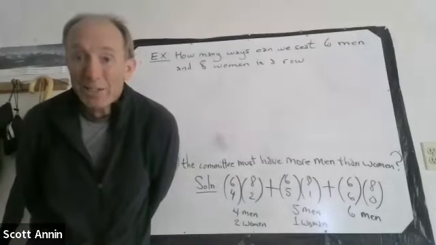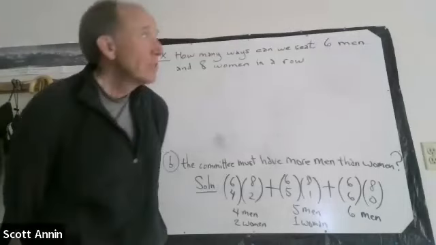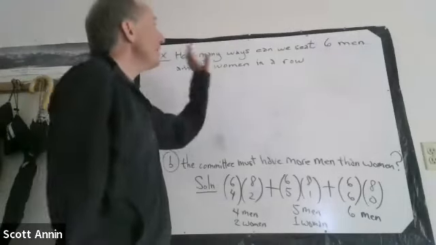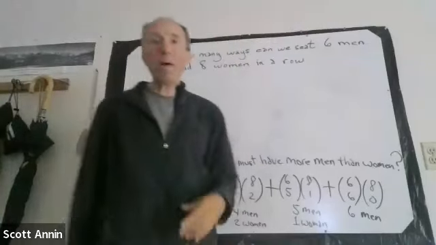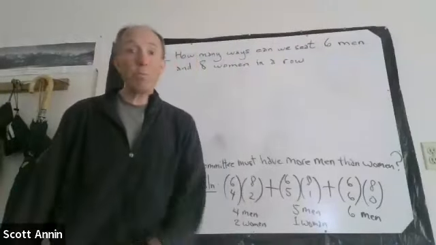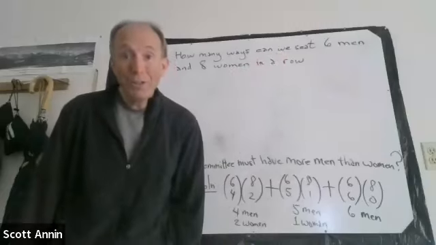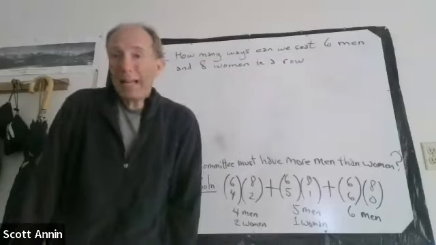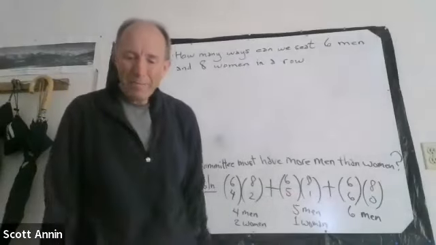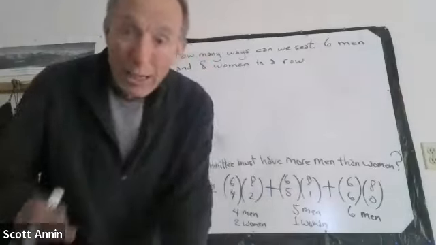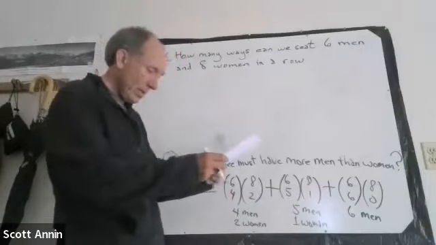And that would be the answer. If we didn't care about anything else, I might as well have just asked you, how many ways can you put 14 people in a row? And that would just be 14 factorial. It's just the permutation, right? But we're going to add a little twist here.